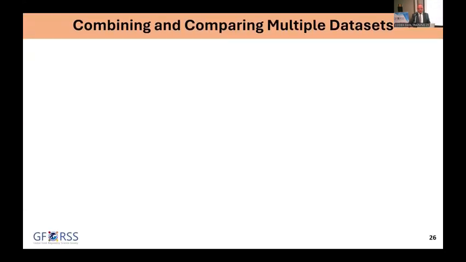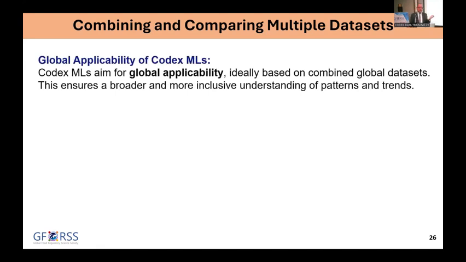Okay, we move now to talk about combining and comparing data sets, multiple data sets. We know, obviously, that we want to have a global applicability of Codex ML. And when we say global applicability, it means what? It means that we need to get data sets from different countries, and not from one country.